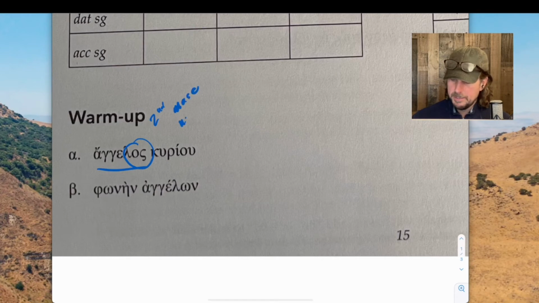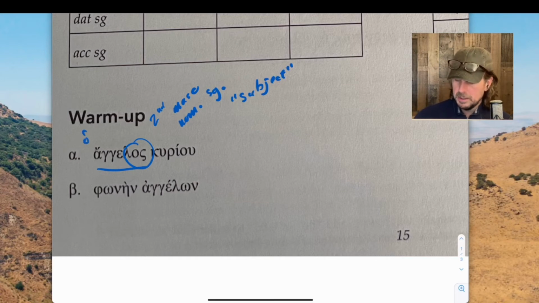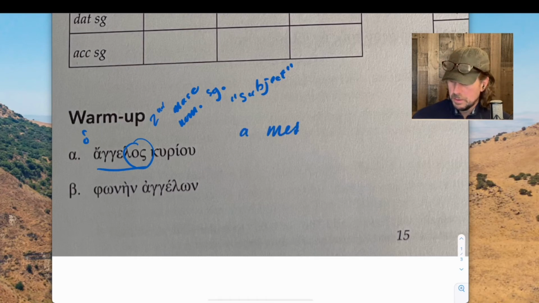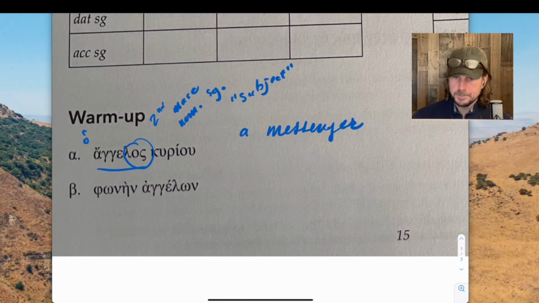And it is nominative singular. So what does that all mean? That means it's the subject. It's in the subjective case. And there's no definite article, ho angelos. So we could just say a messenger. Or if you want, you could say an angel.